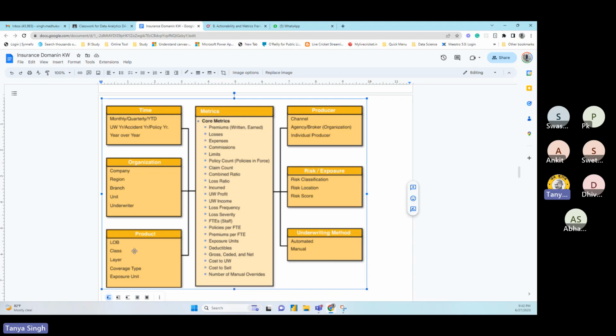So that way you keep adding additional value to that fact. All those surrounding values are called dimensions, and all the numbers are facts, and the way it connects is just a direct one-to-one connection, right? Your time ID will be in your fact table, your organization ID will be in the fact table. We'll see that in detail because these are the things we are going to practice every day, so don't worry about that.